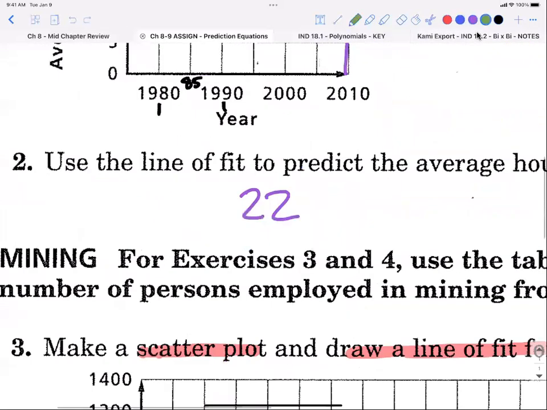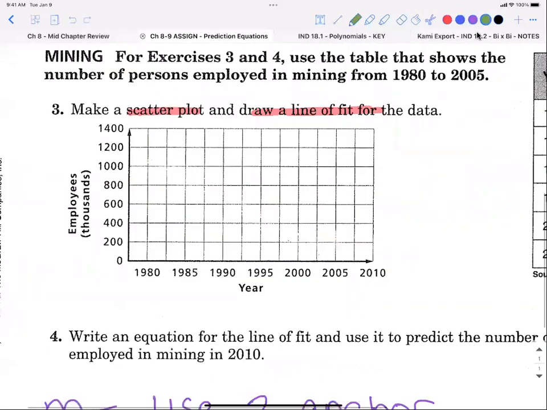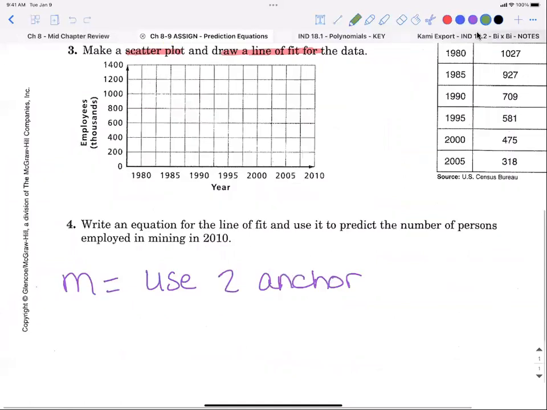Okay, so we plot the data, we draw a line of best fit, we use 2 anchor points to find the slope. Now, you can use your mathy way of finding your slope or your B, right? I need an M and I need a B to write an equation, right?